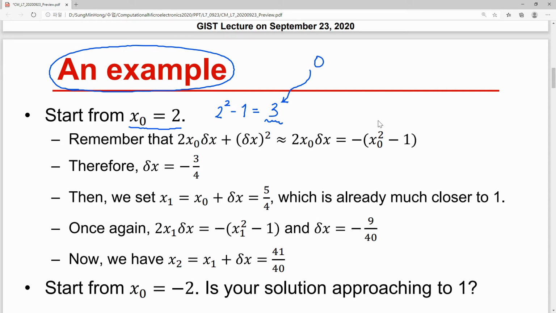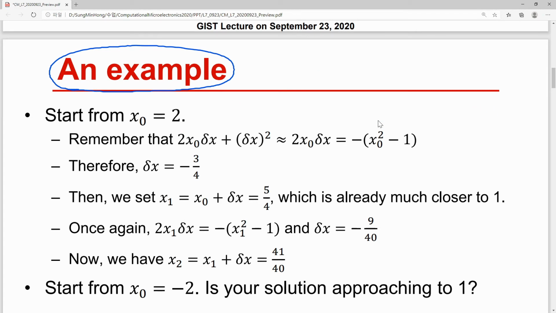If this number is even larger than 3, then your solution is even worse. So I think this number, x squared minus 1, can be regarded as an indicator for the quality of your solution.